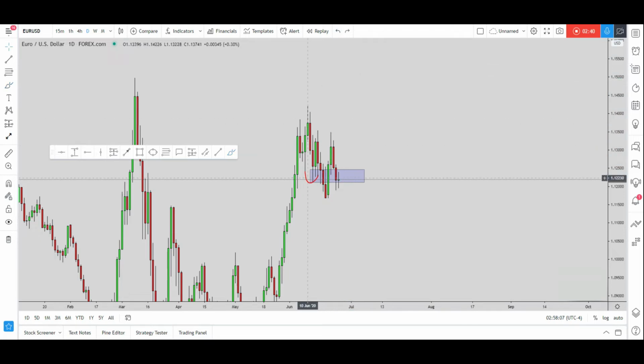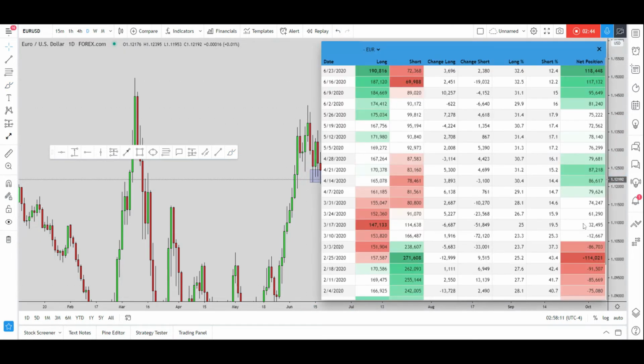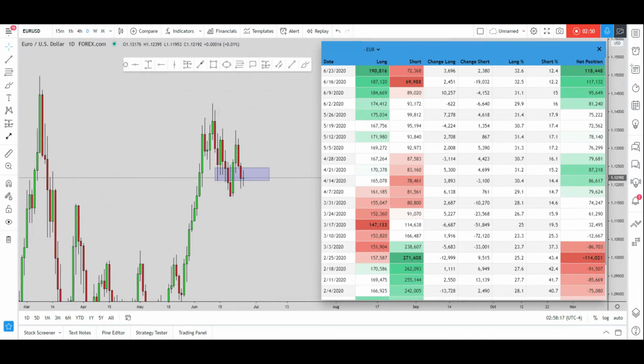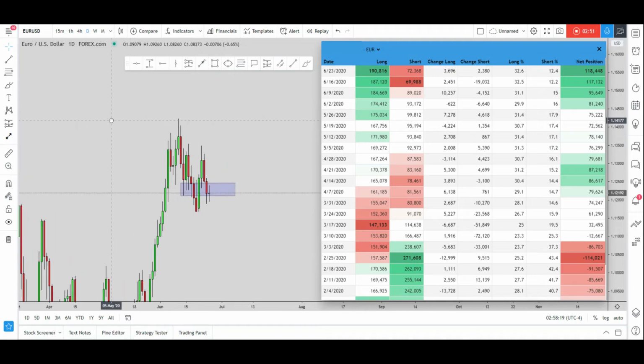Now, if we go and see what we have from a COT perspective, so commitment of traders, what big banks and institutions are currently doing in the market, we can see that at the moment, hedge funds have shifted their positioning from having the very bearish minus 114K net positions all the way up to having plus 118K net positions.